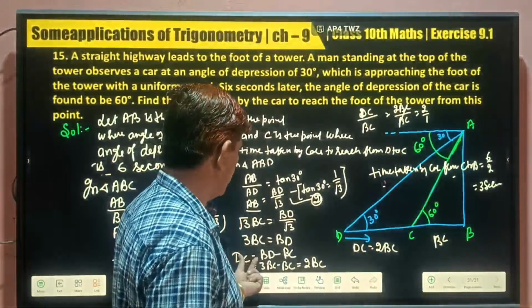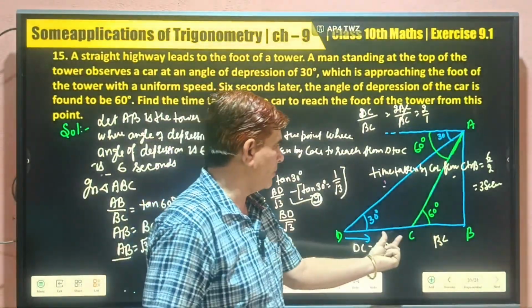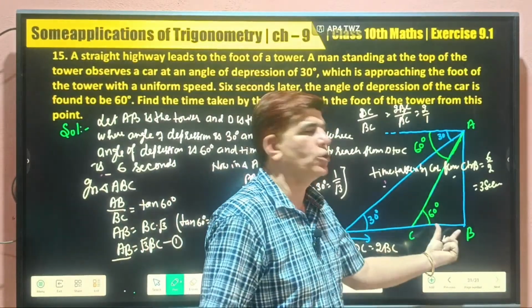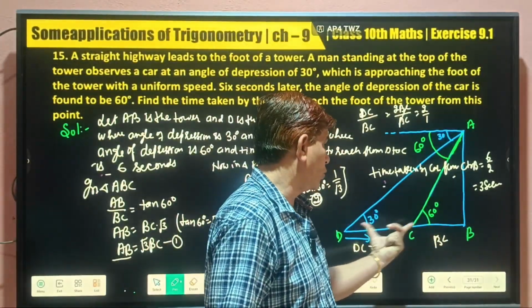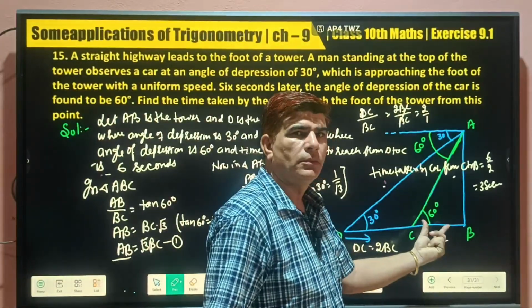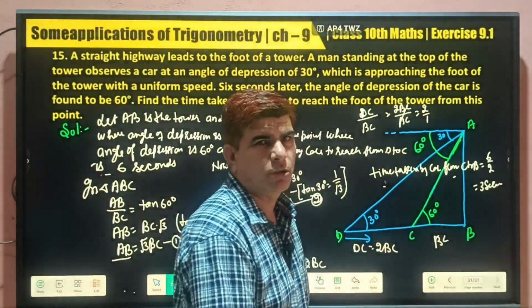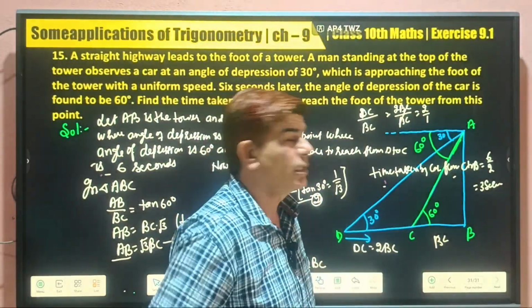This is DC. DC is equal to 2 times BC. So DC is twice BC. This distance is 2 times BC. So for the time taken: when distance increases, time increases, directly proportional. When distance decreases, time also decreases.